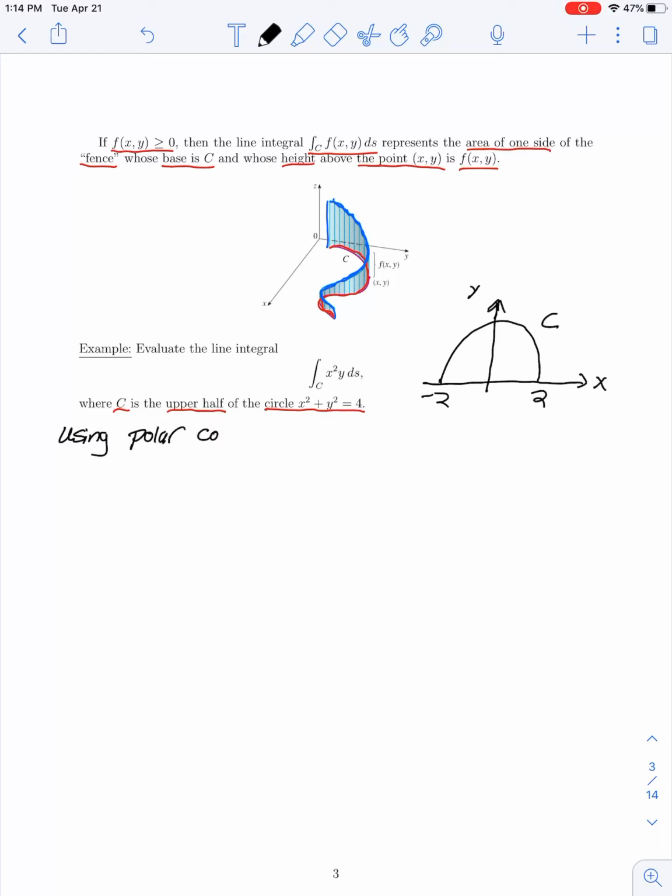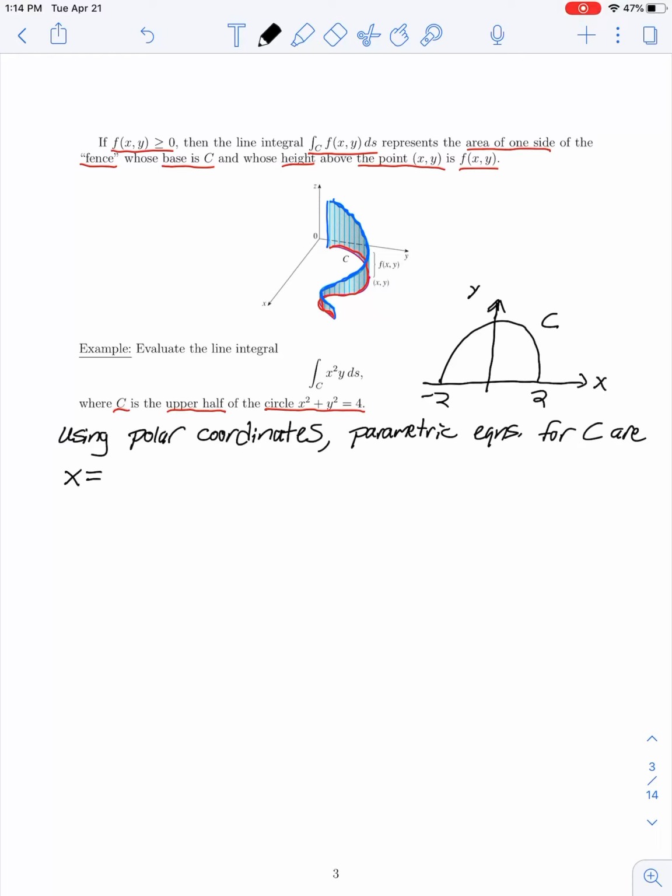So let's say, if we're using polar coordinates, we could parameterize our curve. Parametric equations for our curve C are given by x equals... So for points on a circle of radius 2, if I use polar coordinates, x is given by r.